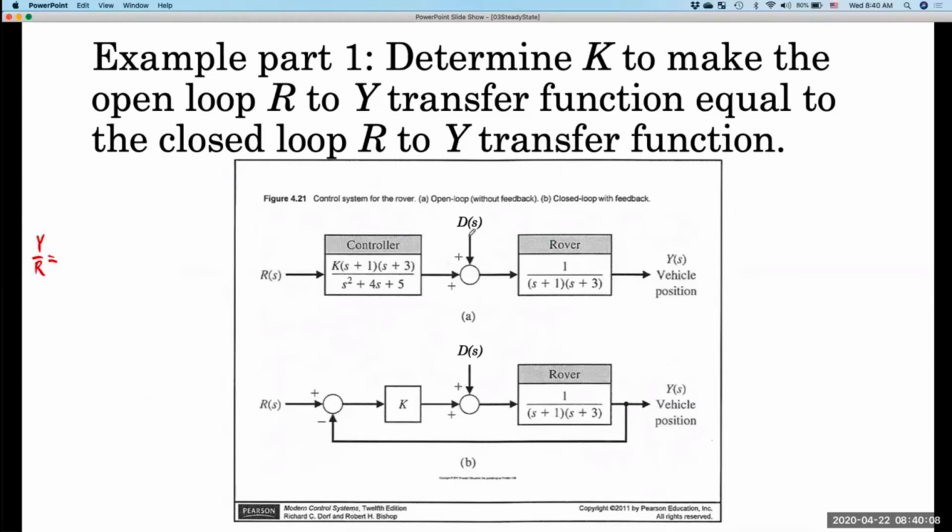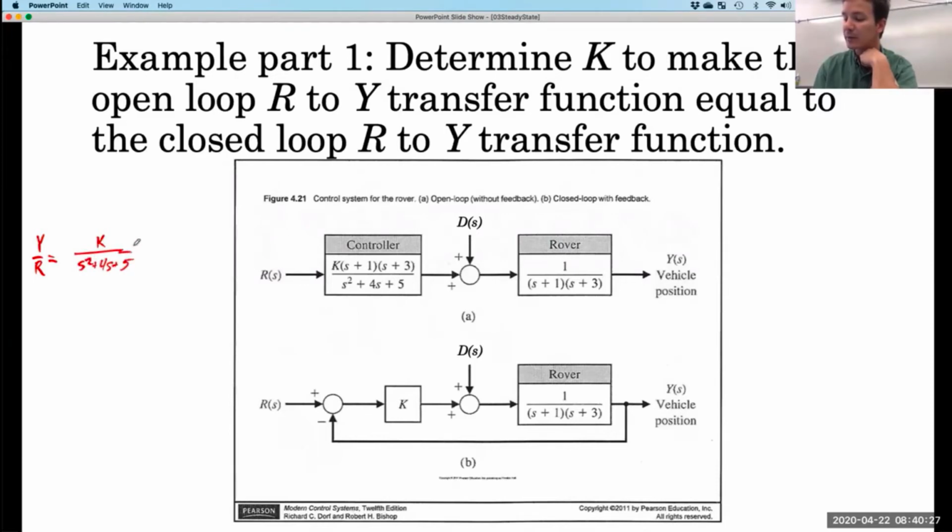Set it to 0, which means the summing junction becomes just a straight pipe. Excellent. So then I just multiply the controller block by the rover block. The numerator here cancels the denominator there, and I just end up with k on s squared plus 4s plus 5.